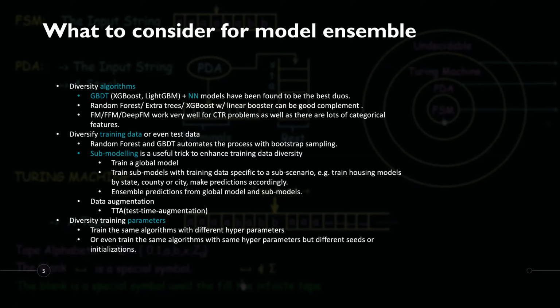Another way to do that is technically called data augmentation. What does that mean? Imagine you're working on an image classification task, and you would like the classifier to be able to tell if the image is a dog or a cat, right?